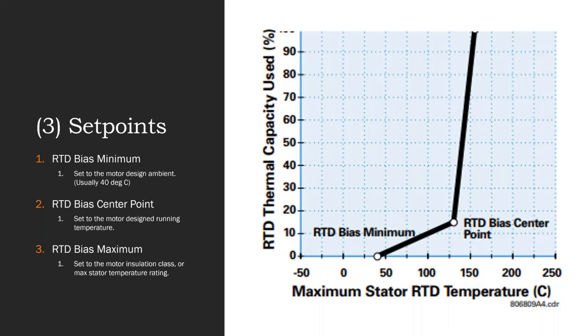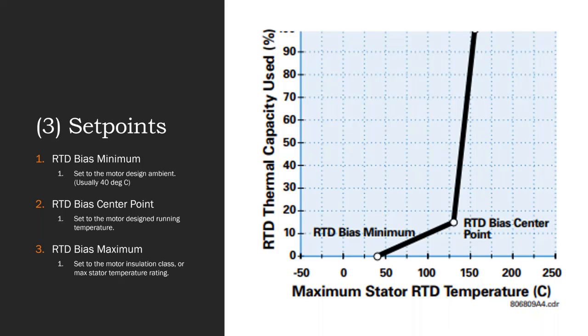And here we have a chart that shows us the 3 points that we need to input into the relay, the 469 or 869. The first point is the RTD bias minimum. You'll see that in the lower left-hand corner. That is set to the motor design ambient temperature, which 95% of the time is going to be 40 degrees C.